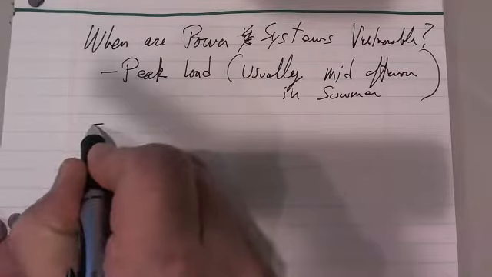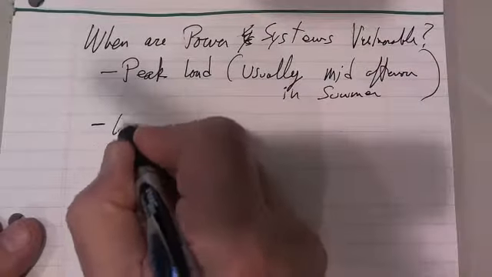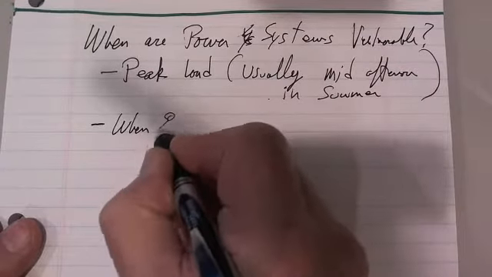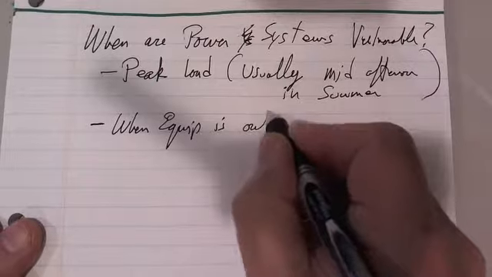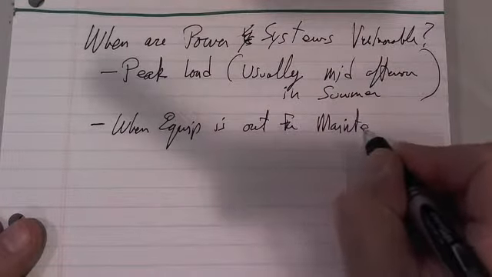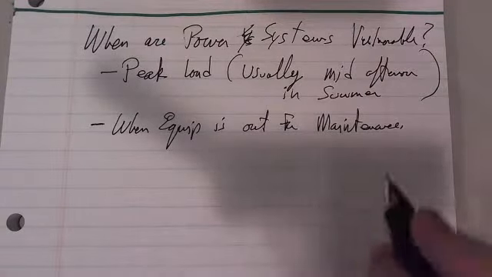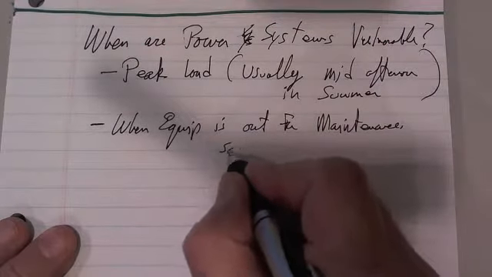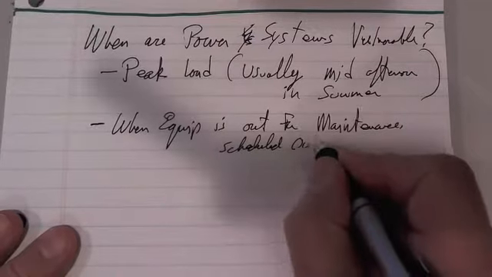It can also, when are they most vulnerable? When equipment is out for maintenance. Now there's a language, and we call these a scheduled outage.